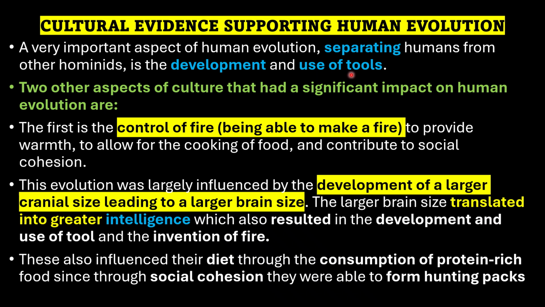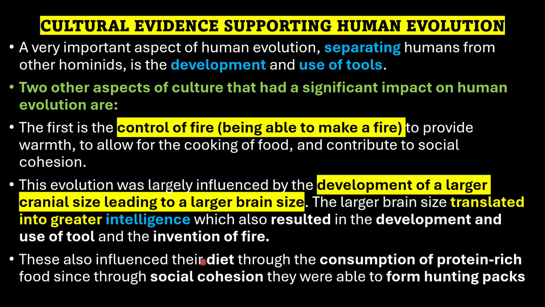And humans were able to develop and invent tools, and the reason is because of their larger cranium size, because they had a larger brain size. They were very, very intelligent. Because the larger the brain, the larger the intelligence. The more intelligent you are, the greater the ability of you developing and using tools.